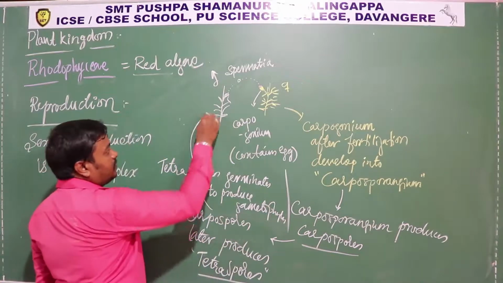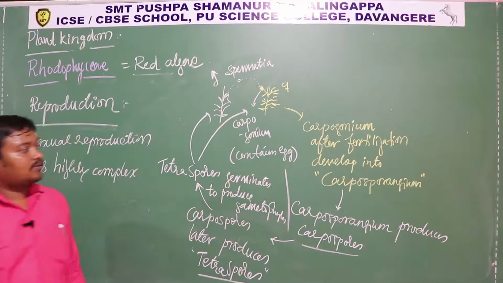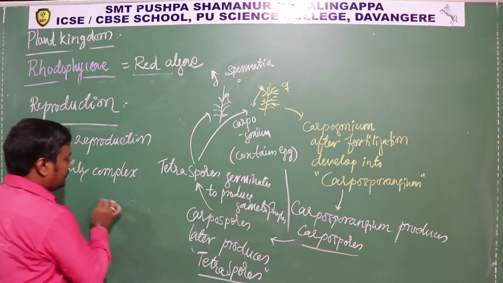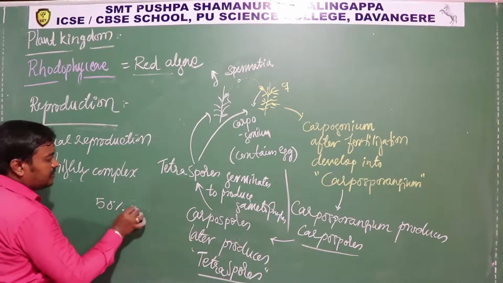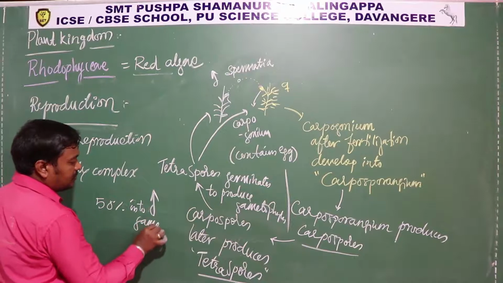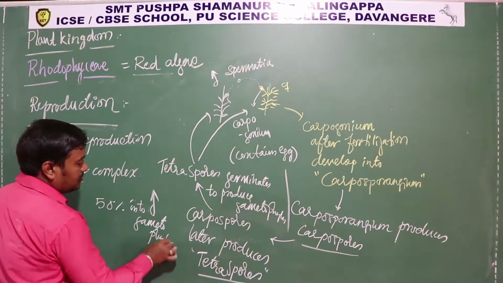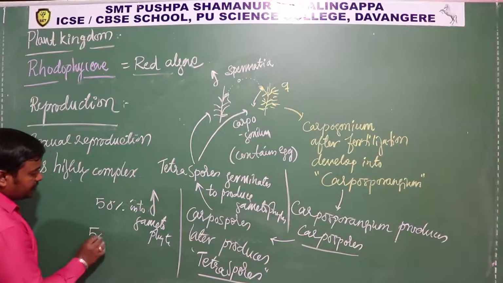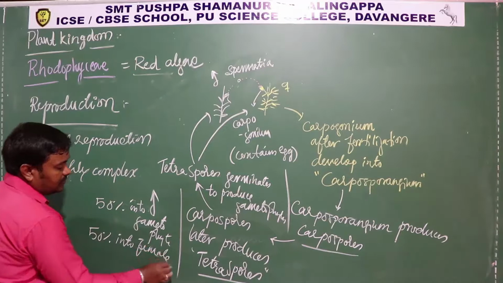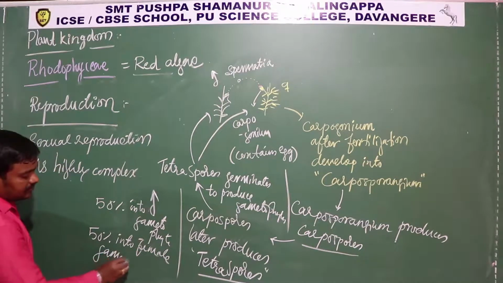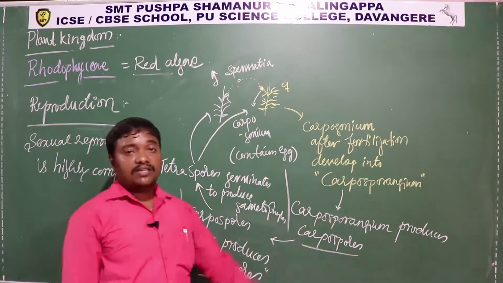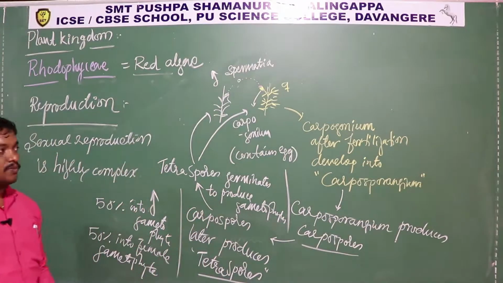This tetrasporangium germinates and produces a new plant again. So 50% into male gametophyte and 50% into female gametophyte. Of course, in between there are very large complex structures.